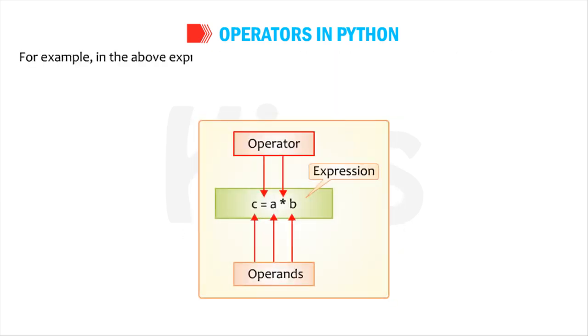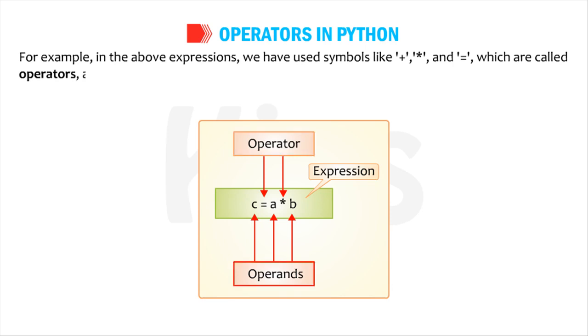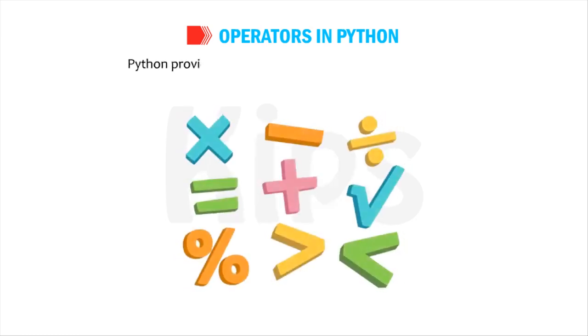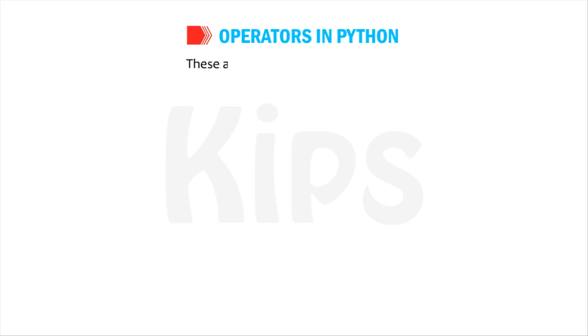For example, in the above expressions, we have used symbols like plus, asterisk, and equal to, which are called operators, and variables like A, B, and C, which are called operands. Python provides different types of operators to work with. These are listed in the following table.